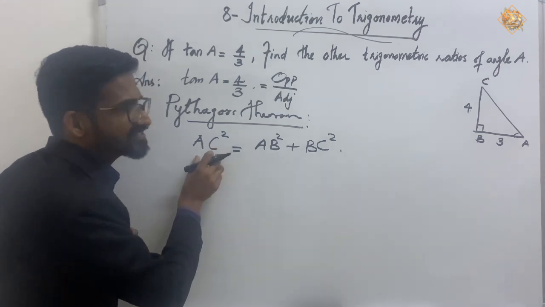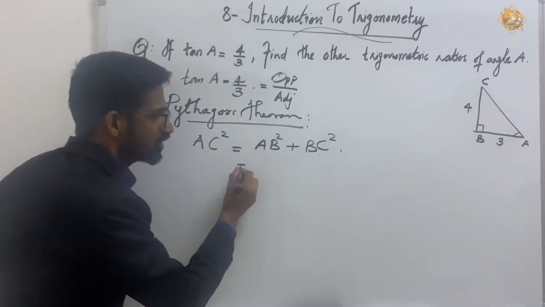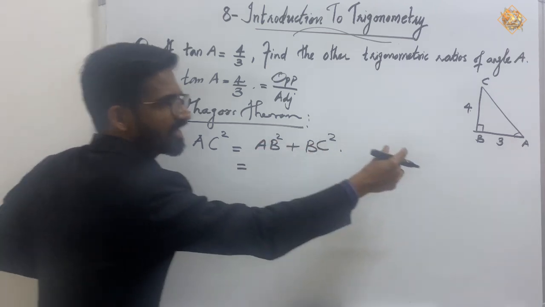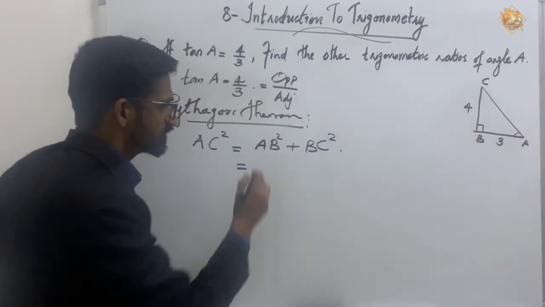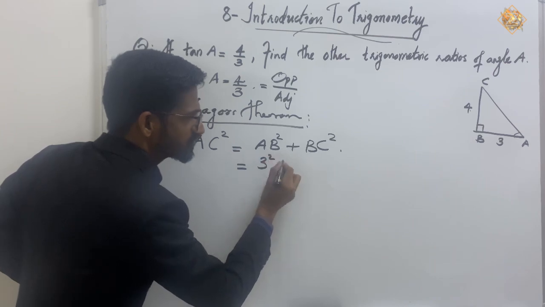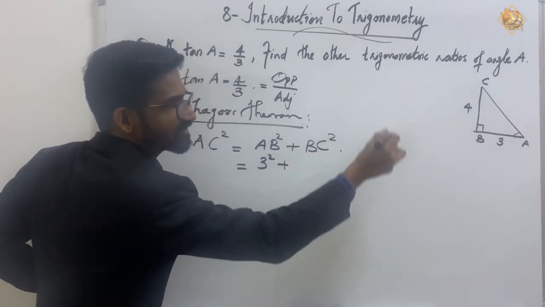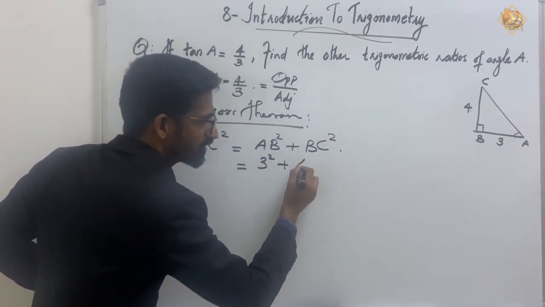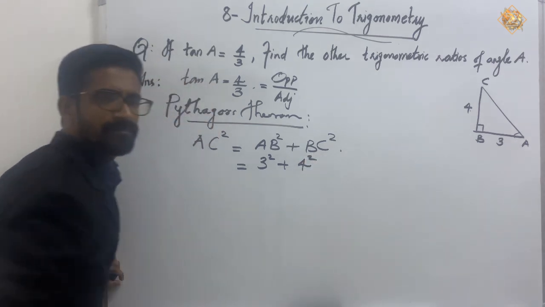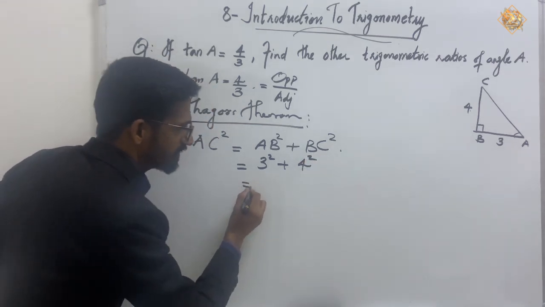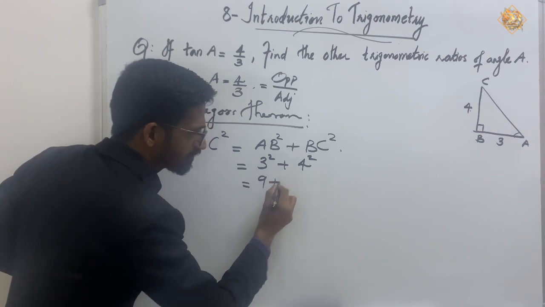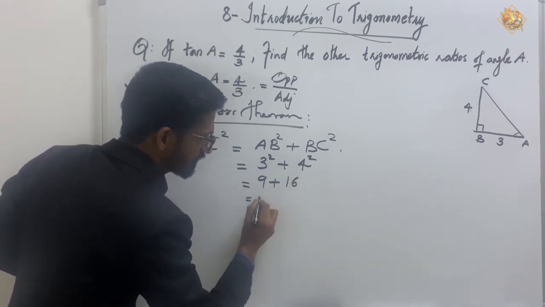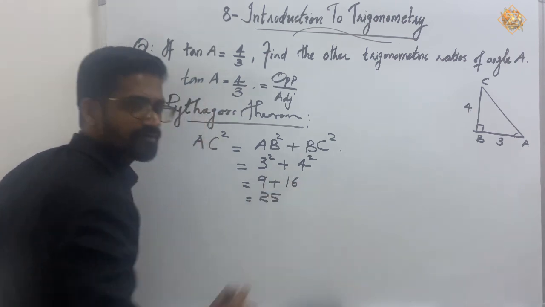So here AC square equals AB square, with AB equal to 3, so 3 square, plus BC square, with BC equal to 4, so 4 square. That is 3 square is 9 plus 4 square is 16, which sums up to 25.